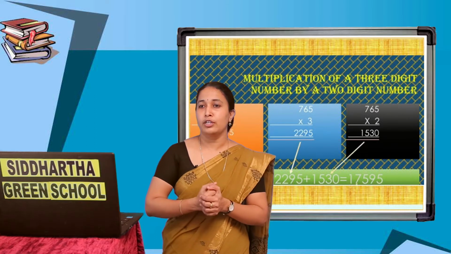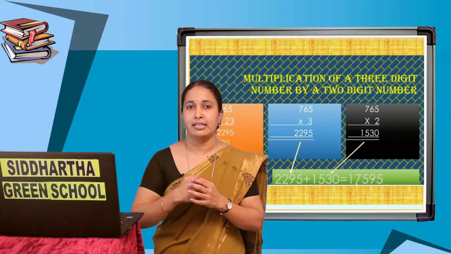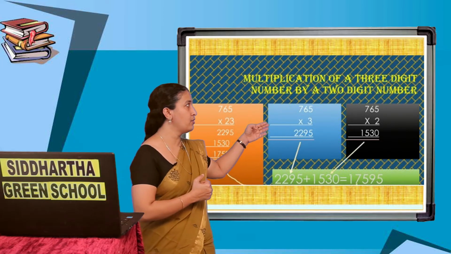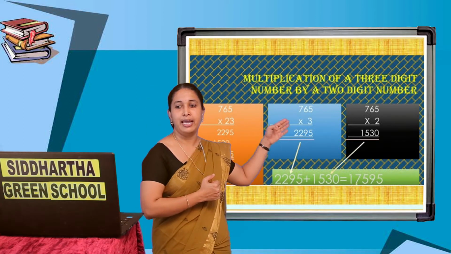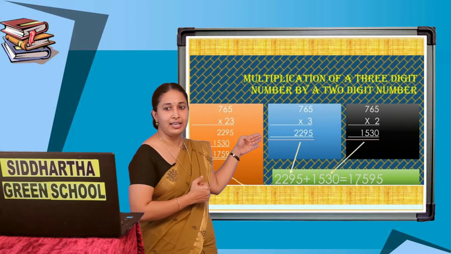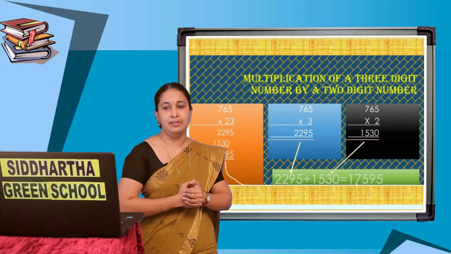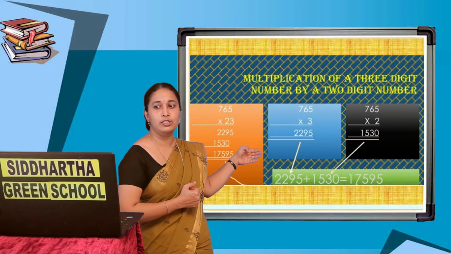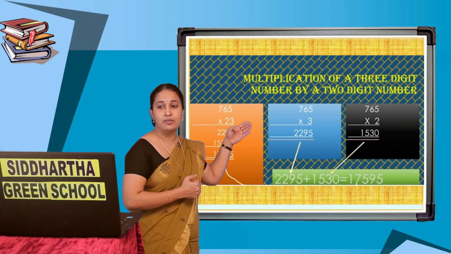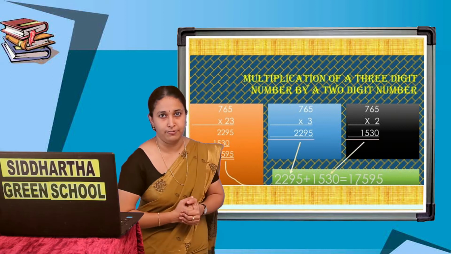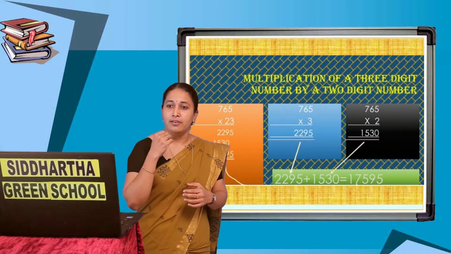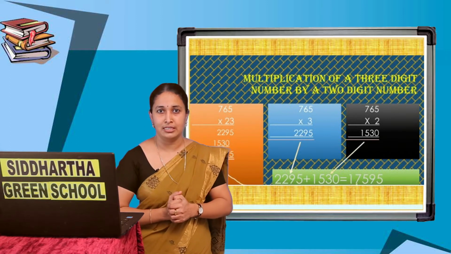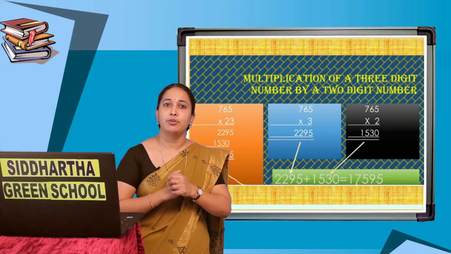Then we add the two products, 2295 and 1530. By adding the two products we get the final answer: 765 multiplied by 23 is equal to 17,595.